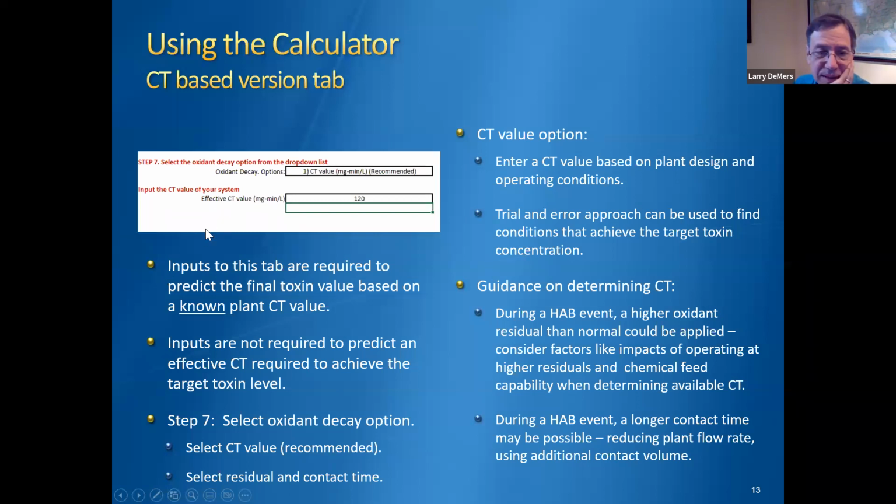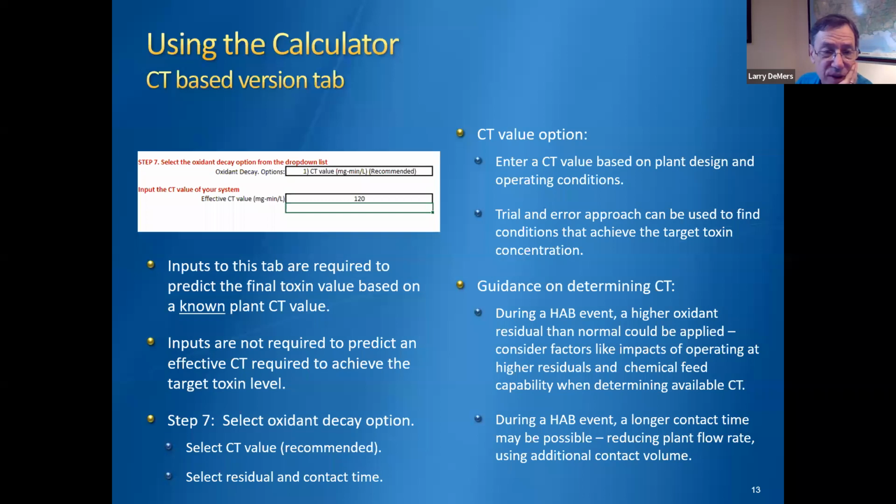In this example, it shows that we're using that CT value, which is recommended. And we entered in, we already know what our CT is. We put in 120. Second bullet here, inputs are not necessarily required to predict an effective CT required to achieve your target toxin in this particular location.